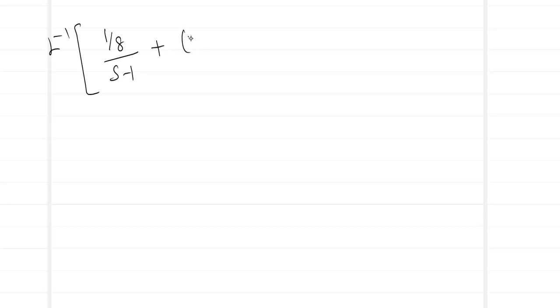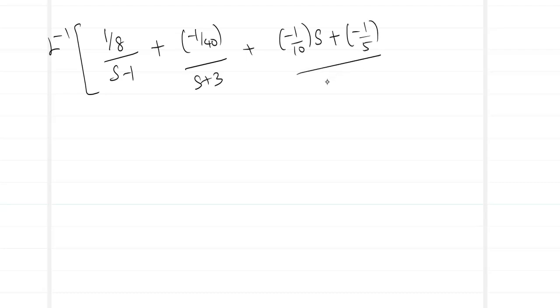B was minus 1 by 40 divided by s plus 3, plus C. What was our C? Minus 1 by 10 times s, plus D. What was our D? Minus 1 by 5 divided by s square plus 1.